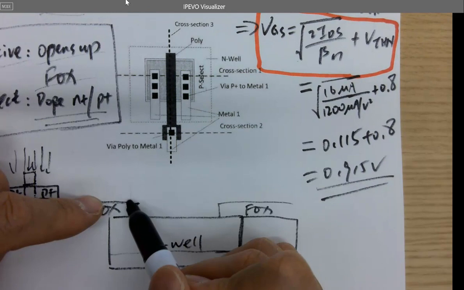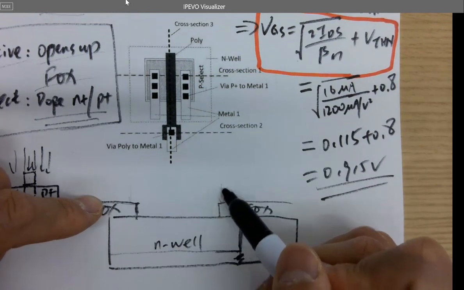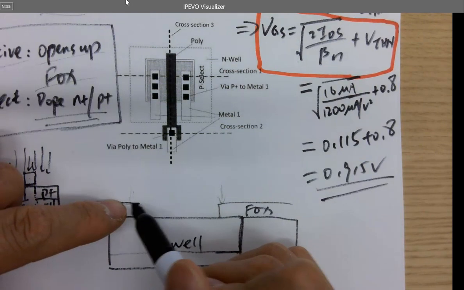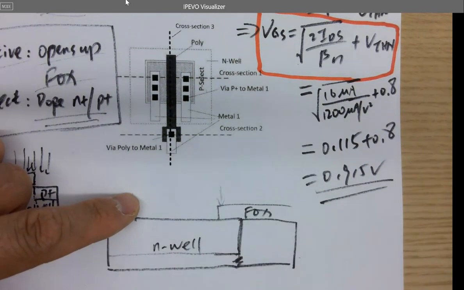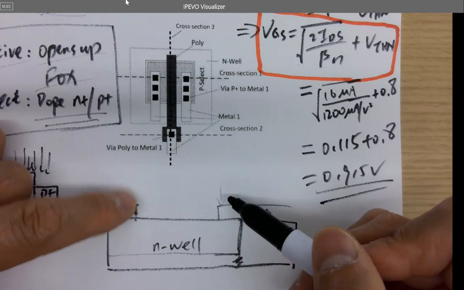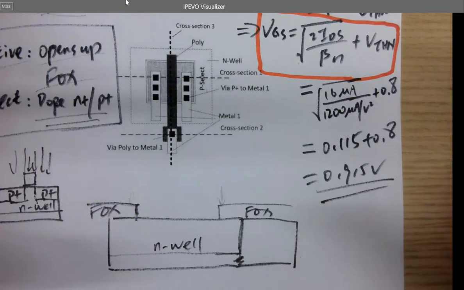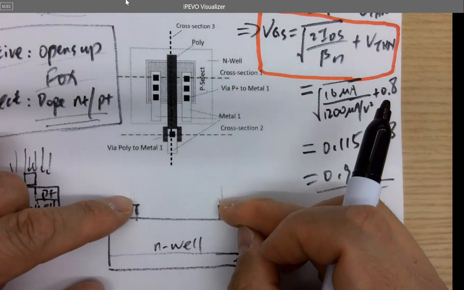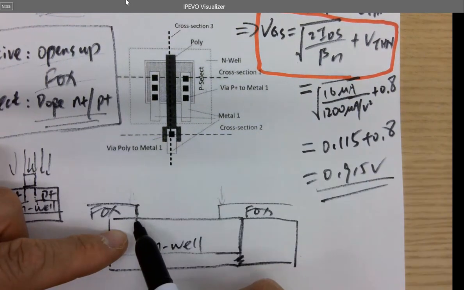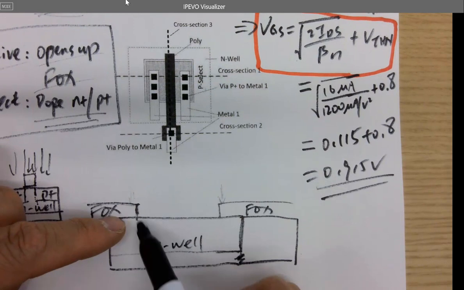And the select will dope materials in here in the opening, and also a little bit here on the Fox as well, which is fine. It's just to reduce misalignment issues. So make the select layer slightly bigger than the active layer. Even though there's a misalignment, you make sure you are still doping the material to the entire opening here. All right.